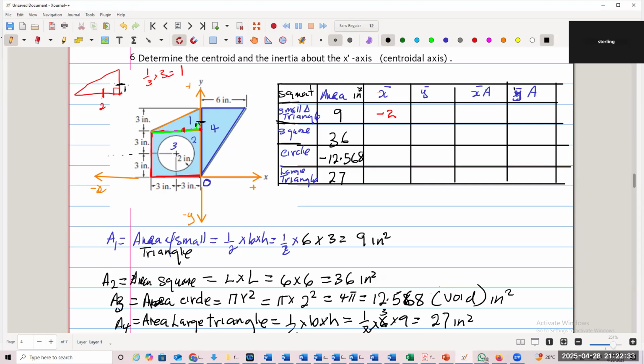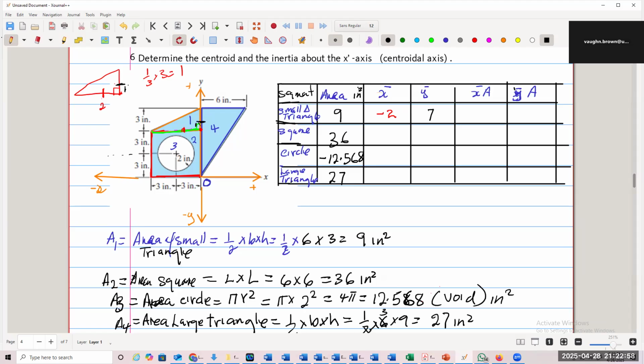No, look again. 1 plus what? What's the distance for the square going down? 6. So that'll be 7. Yes. So the distance is 7.